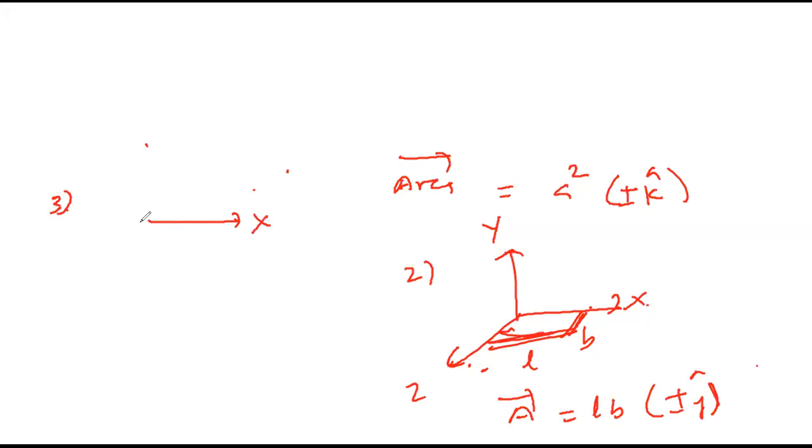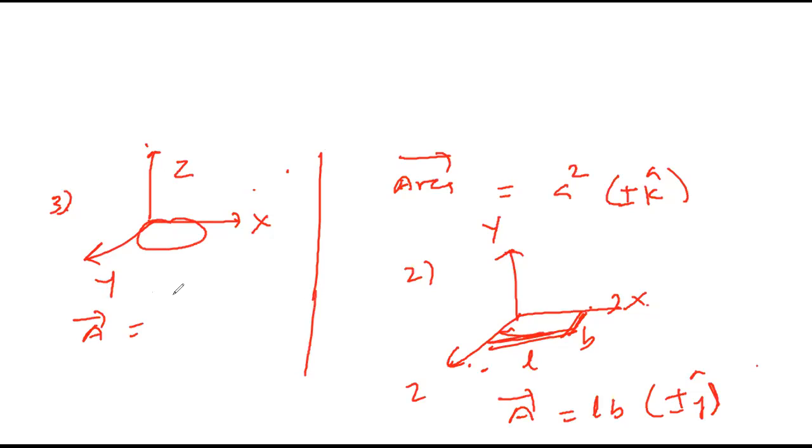This is X, Y, and Z. I have taken it this way. This is here a circular loop, so its radius is R. Now what will be the area vector for this one? If the radius is R, the area will be pi R square.